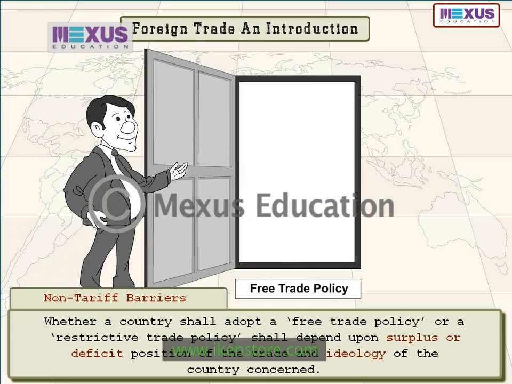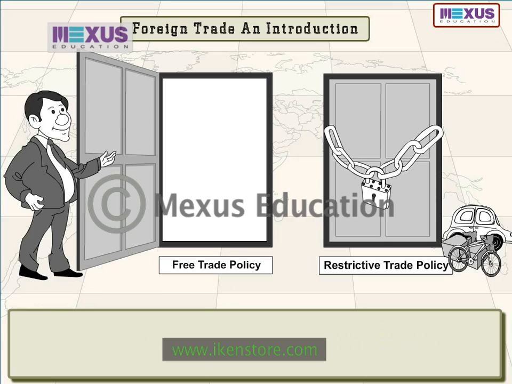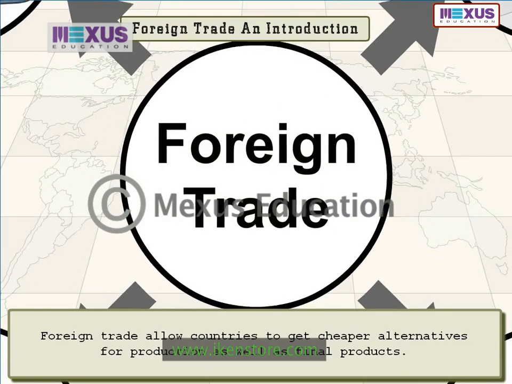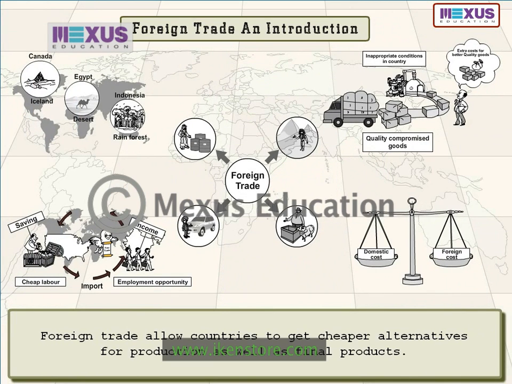Whether a country shall resort to a free trade policy or a restrictive trade policy shall depend on the surplus or deficit position of the trade and the ideology of the country concerned. To summarize, foreign trade allows countries to get cheaper alternatives for production as well as final products.